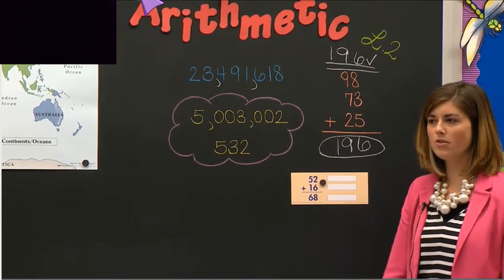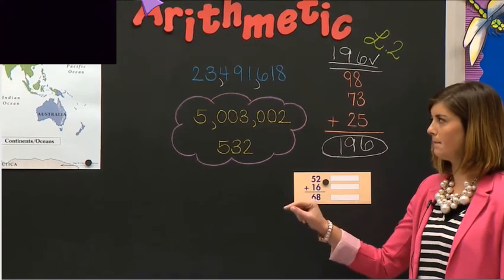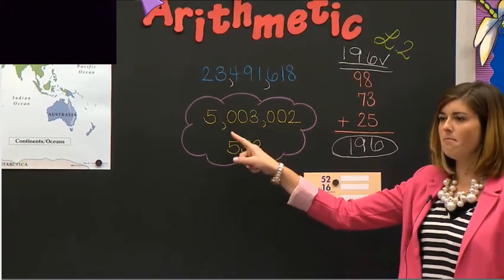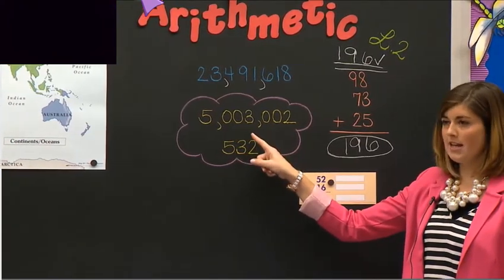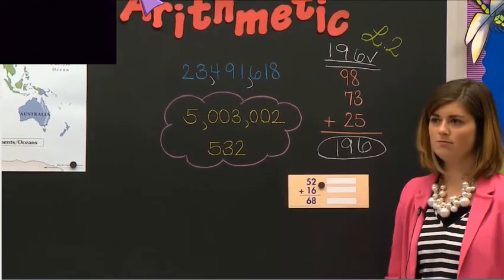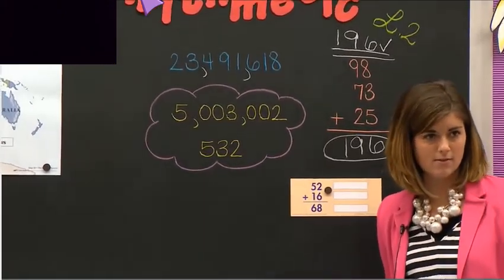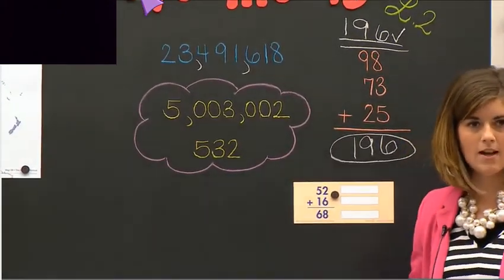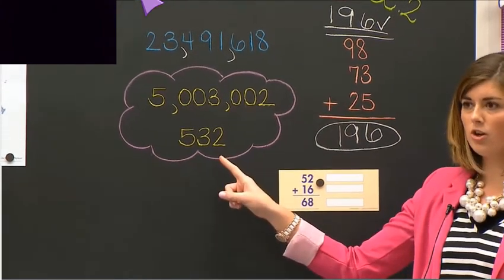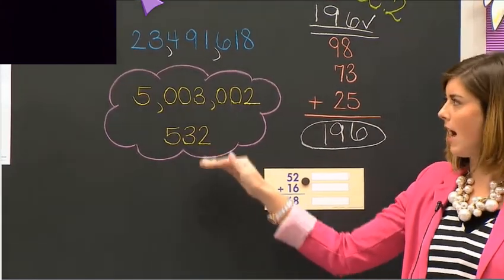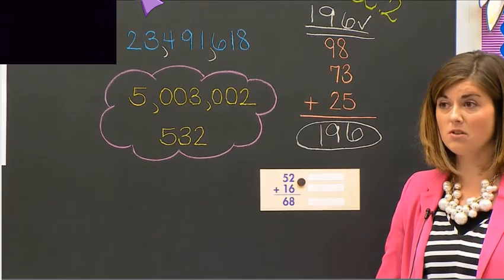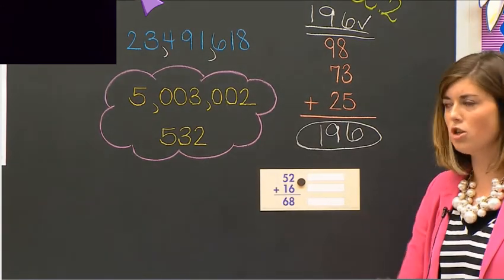I want to show you one more thing on the chalkboard. Your eyes should be up here. This number is 5,003,002. If I did not put zeros, do you know what I would have? I would have 532. Do you see how important it is to have those zeros in a number? Let me show you this.